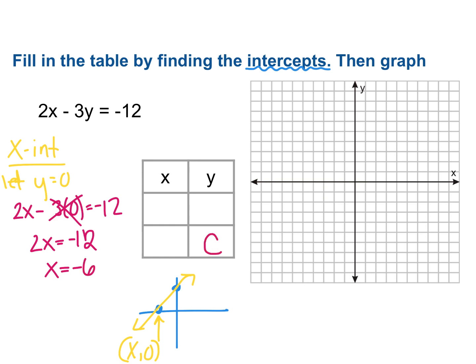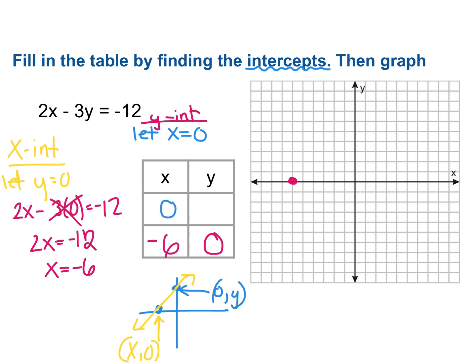So I let my y be 0, and my x was -6. So that's my x-intercept, and I'm going to plot that. I'm also going to find my y-intercept. Well, to find a y-intercept, I let the opposite letter. I let x be 0, okay? Because a y-intercept is where it crosses the y-axis, and it's in the form of 0, comma something.